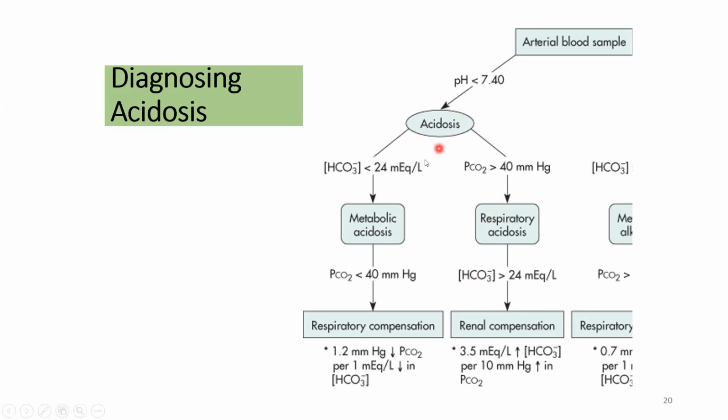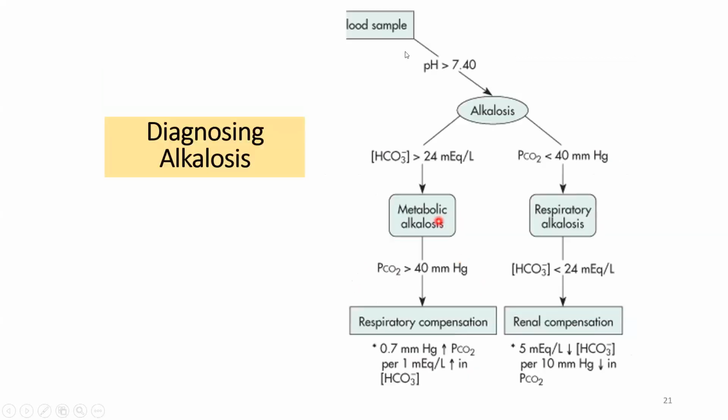So we've done two types of acidosis, metabolic acidosis and respiratory acidosis, and we've looked at respective compensation in both disorders. Now we look at the alkalosis, same sample, but the pH came out to be above 7.4. So we immediately turned our attention to alkalosis. Of course, above 7.4 is alkalosis.